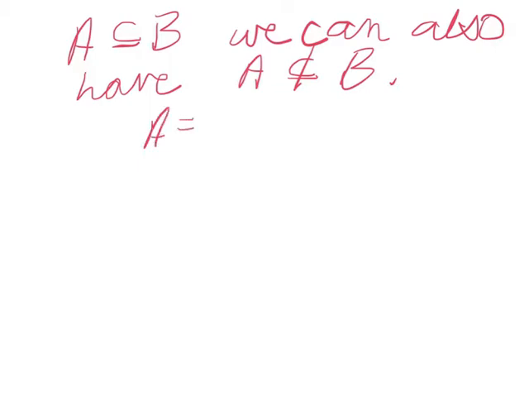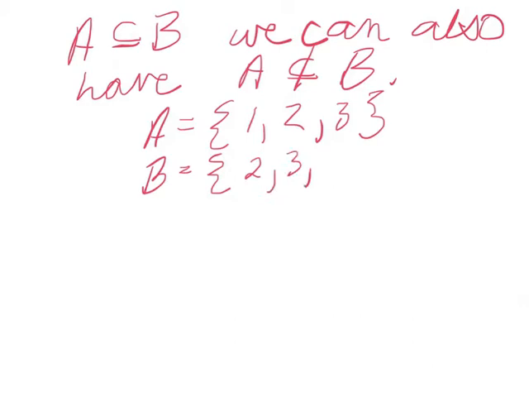Suppose we have A is equal to the set containing 1, 2, 3, and suppose B is equal to the set 2, 3, 4. Then A is not a subset of B.